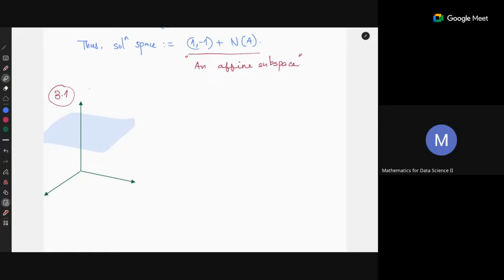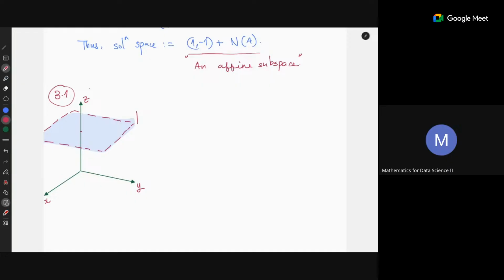Now how to think of this plane? This is a plane which does not pass through origin. So this is not a subspace. But what is this plane? This plane is parallel to the xy plane. Okay. So let me write down this equation.